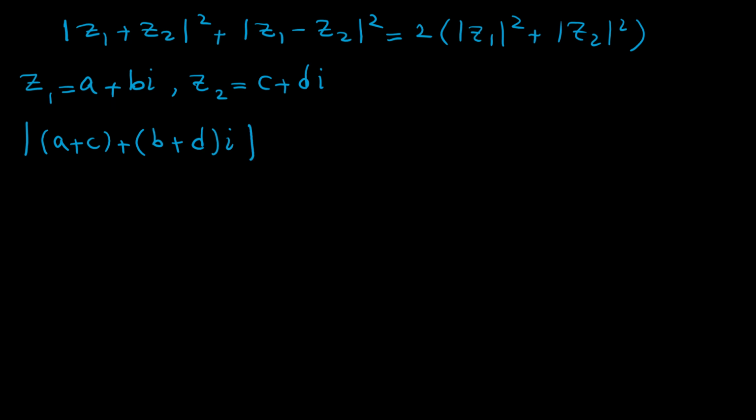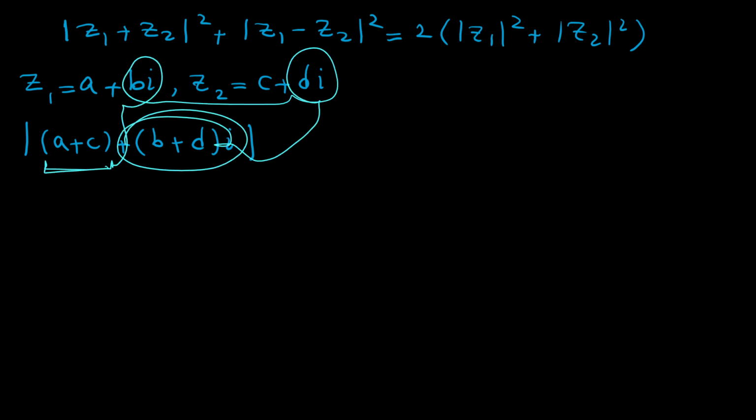Attention, when we add z1 to z2, we have to add real parts to each other and imaginary parts to each other. a and c are real parts, so we wrote them here. And bi and di, we add them together and we have this term here.